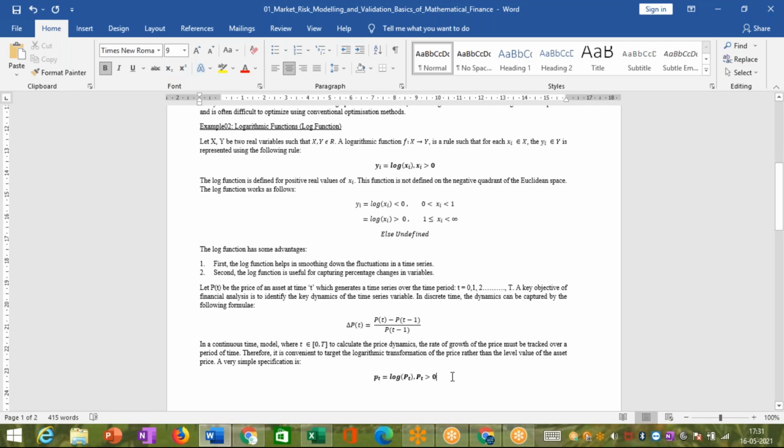So the PT is the log of the price. Now, one advantage of using this small PT is that when you are trying to capture the price of the asset, or the percentage change, it becomes very easy.